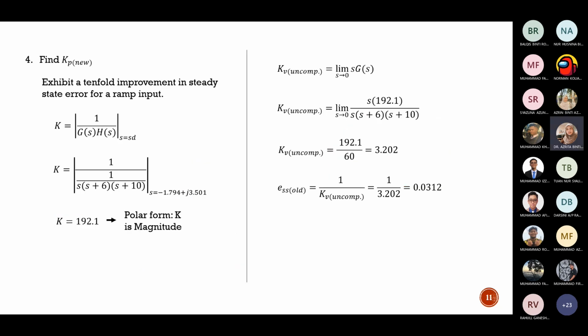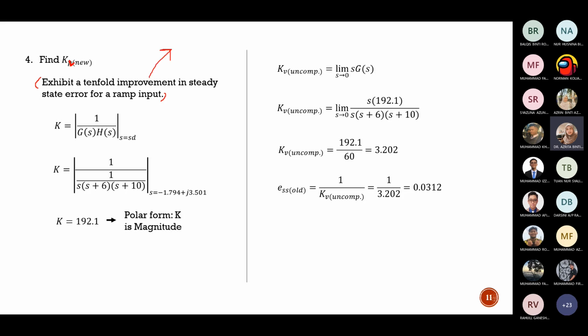Okay, so the next step, after we obtain the KV lead, we find the KV new, typing error here. Since our input is the ramp input, you need to find the KV new. There is a typing error, KV new. So for the KV new, we base it on the design requirement. So we want our system to exhibit a tenfold improvement in steady state error for a ramp input.